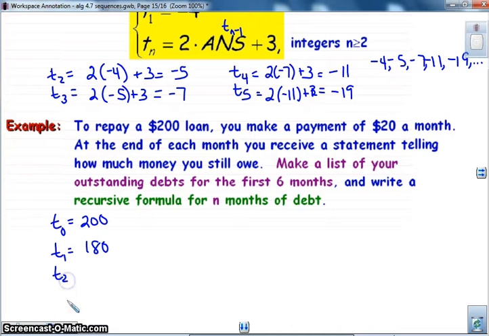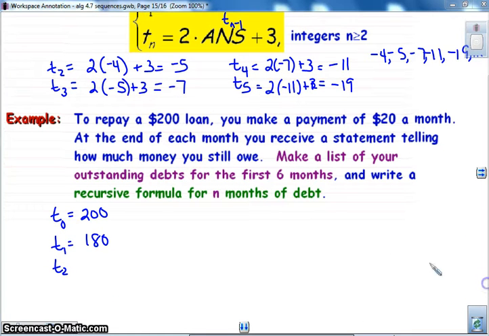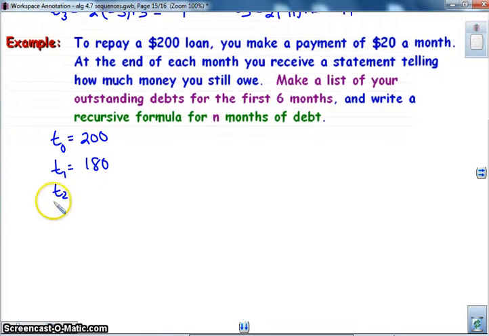Term 2, I would like you to find term 2 through term 6. So if we continue going down here, I would actually like you to do term 3, term 4, term 5, and term 6.